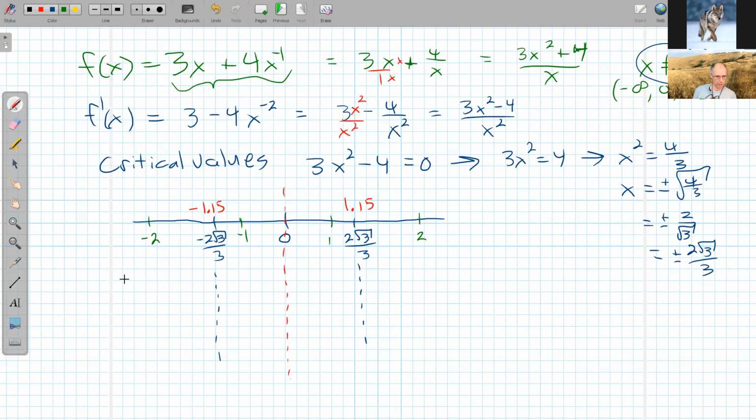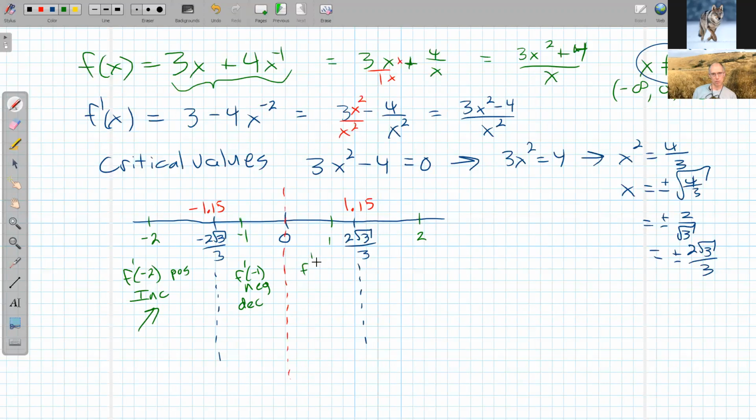So then I just want to know what is f prime of negative 2, and really we only care about the sign. So over here, if we plug in negative 2, we get 12 minus 4, positive over a positive. So this is positive. So that means we are increasing through here. And if we plug in negative 1, we get 3 minus 4, negative over a positive. So f prime of negative 1 is negative. So we are decreasing.